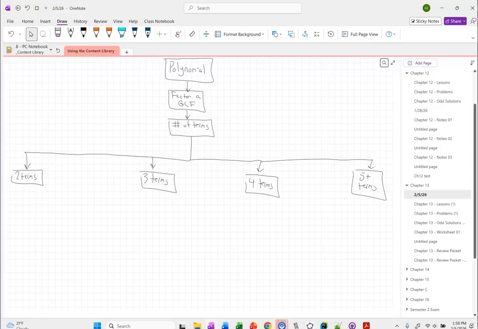Okay, we ready? I'm going to zoom into the 2-term and we're just going to work down this branch now.